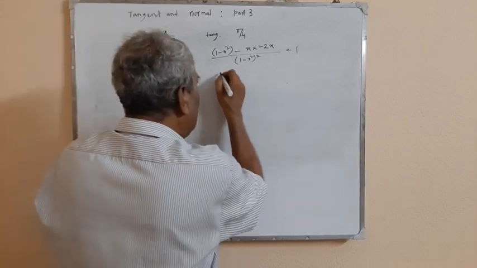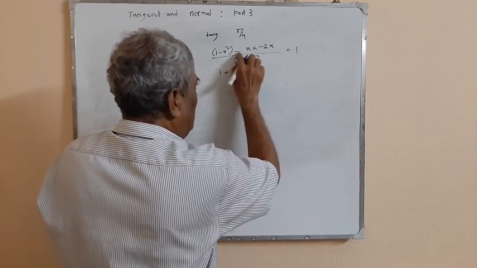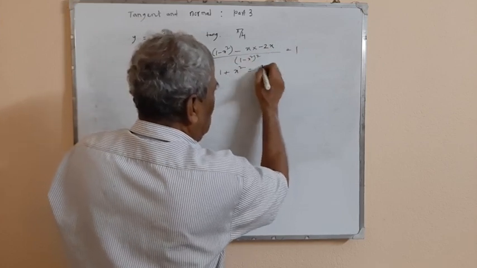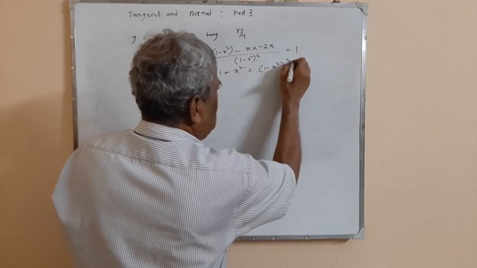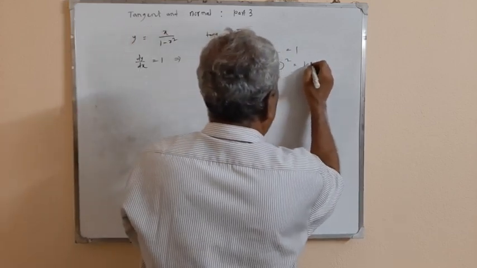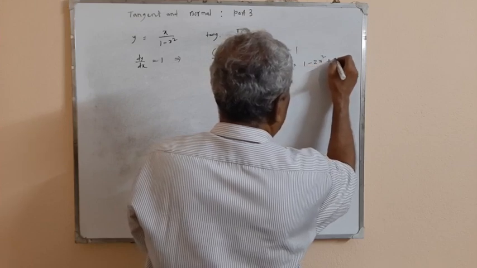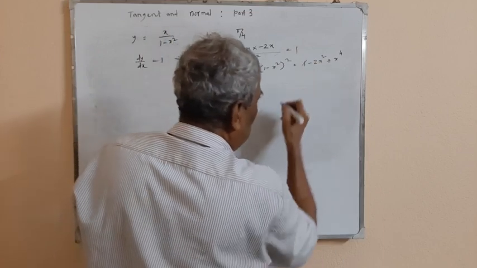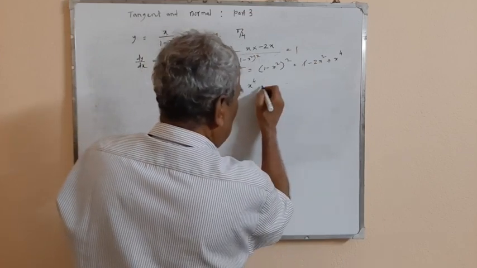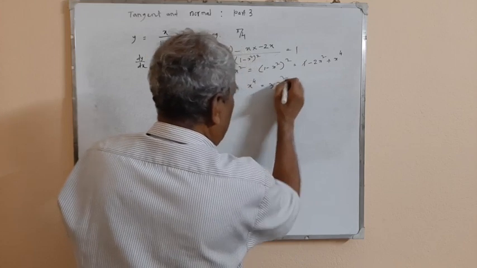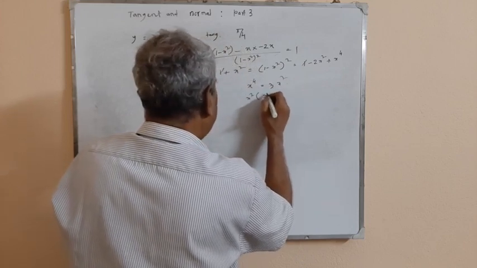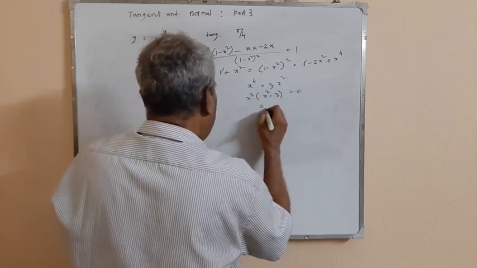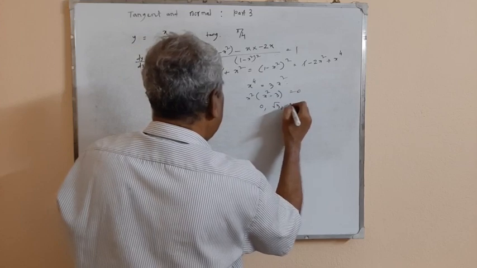So that we get 1 plus 2x square minus x square is equal to 1 minus x square whole square, which is 1 minus 2x square plus x to the power 4. So that 1 cancels. So we get x to the power 4 is equal to 3x square. So x is 0, plus root 3 and minus root 3.